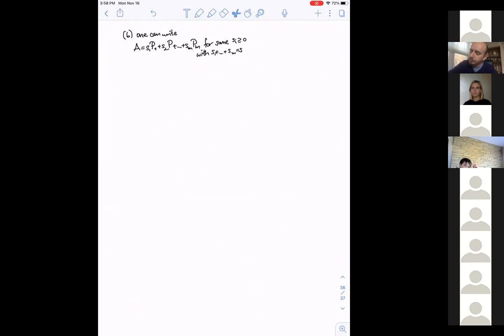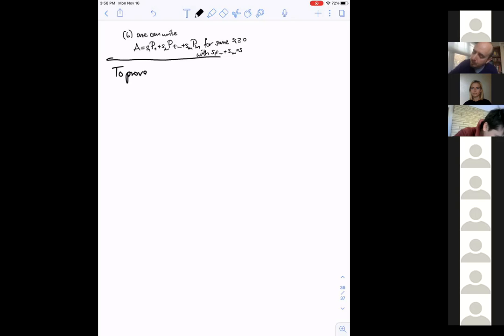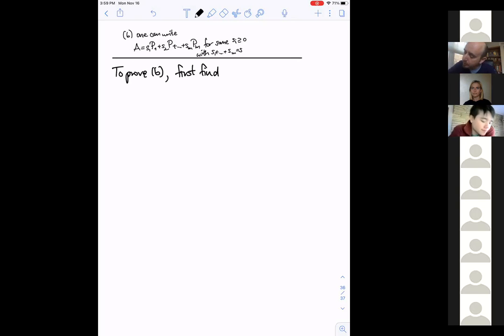Okay, so for the proof of B, well, first find this permutation sigma that gives you a bunch of non-zero entries, such that A_{i,sigma(i)} is actually strictly positive for each i.